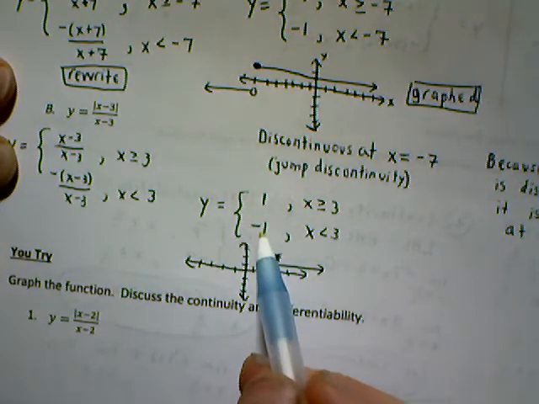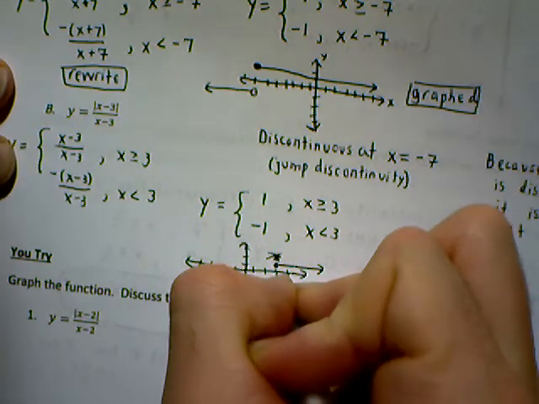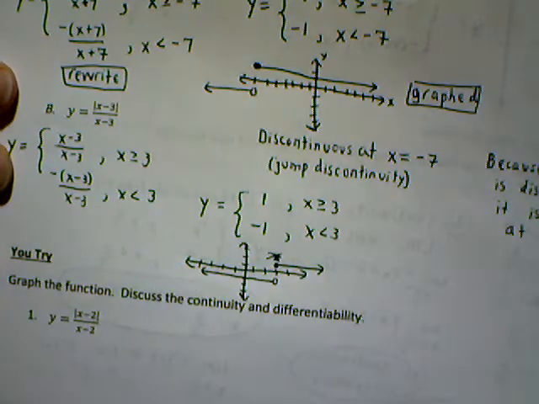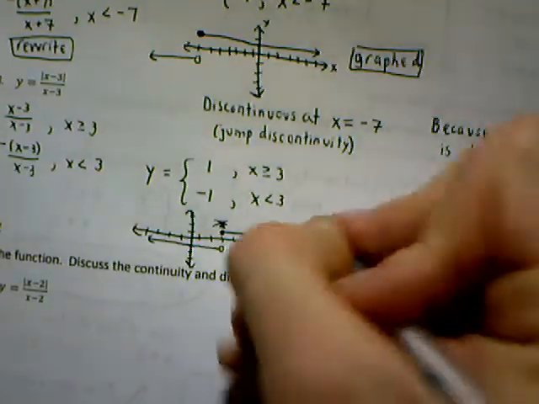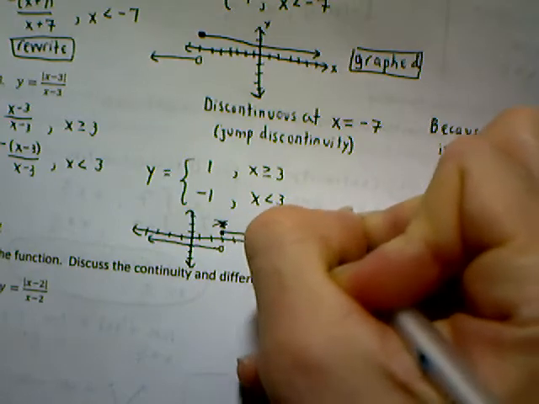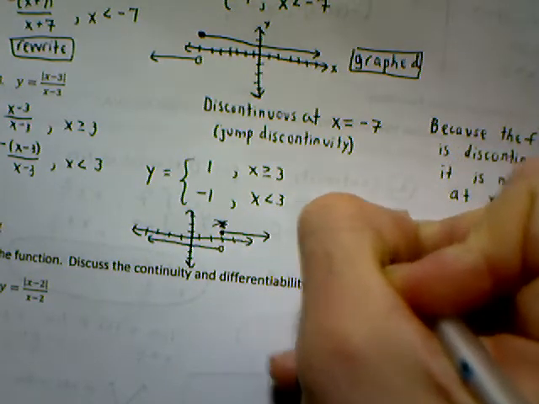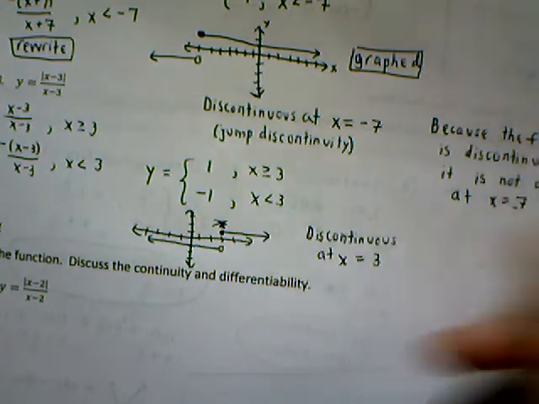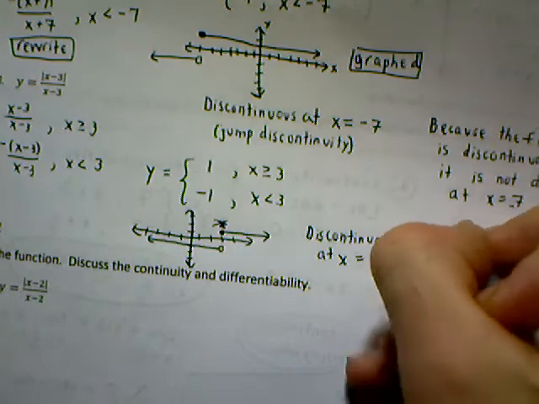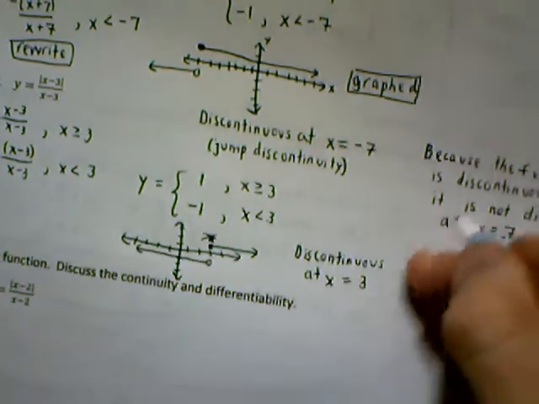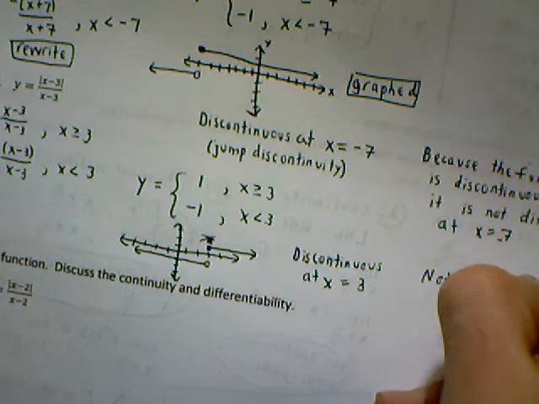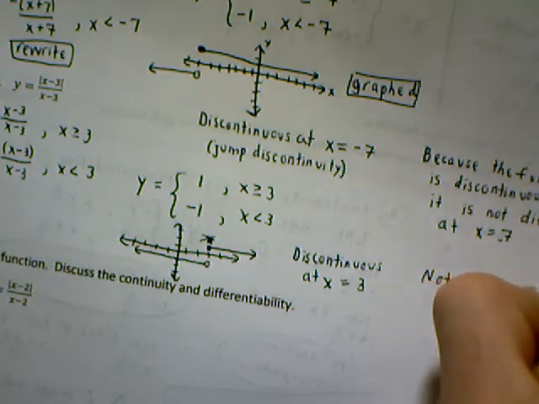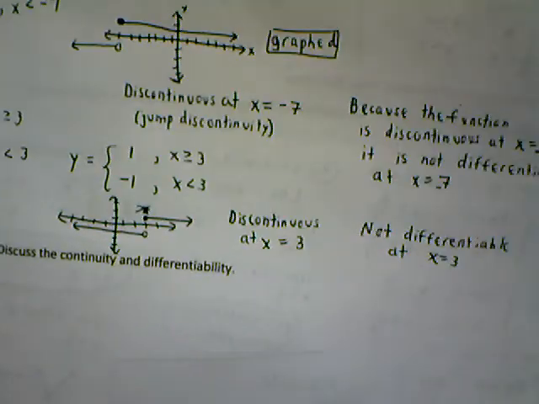And then whenever x is less than 3, it's -1. Now I can look at the graph and I see that it's discontinuous. There's a jump discontinuity at x equals 3, and it's also not differentiable at x equals 3 because there's a discontinuity there.